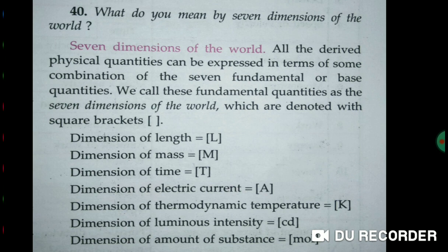The dimension of length is L, the dimension of mass is M, the dimension of time is T, the dimension of electric current is A, the dimension of thermodynamic temperature, or simply temperature, is K, the dimension of luminous intensity is CD, candela being the unit of luminous intensity, and the dimension of amount of substance is mole.